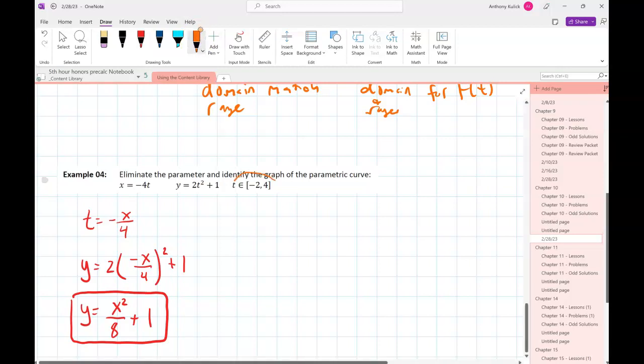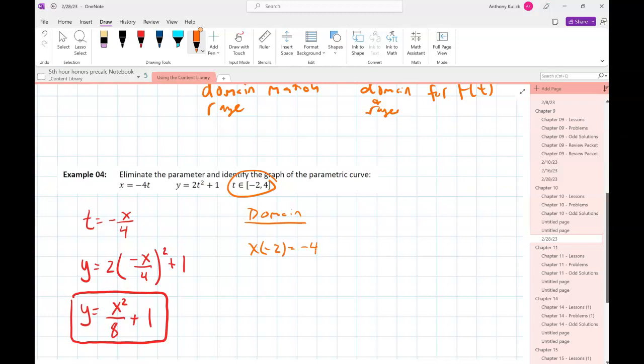So if I look at the parametric that we started with, my inputs only go from -2 to 4. So my biggest x I can get is 8, and the smallest x I can get is -16. So the domain should be -16 to 8.